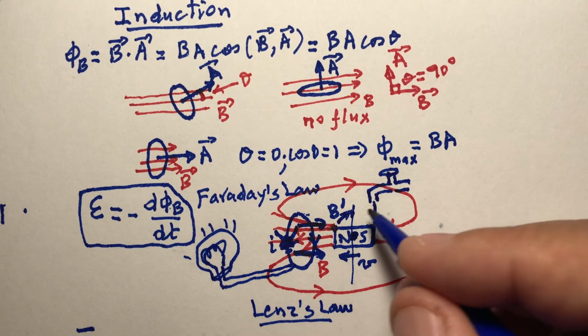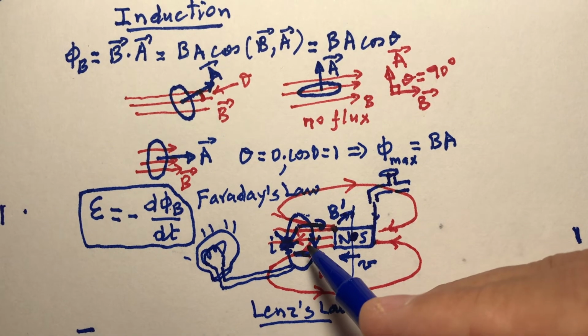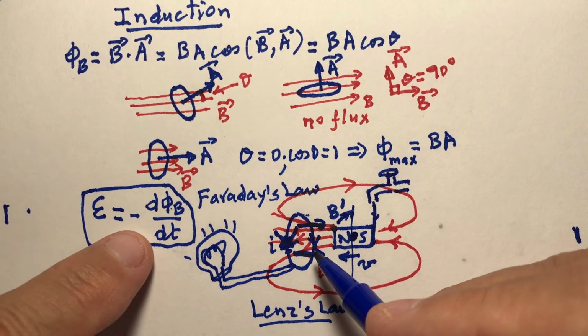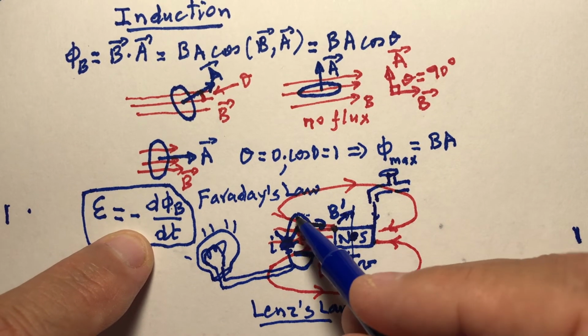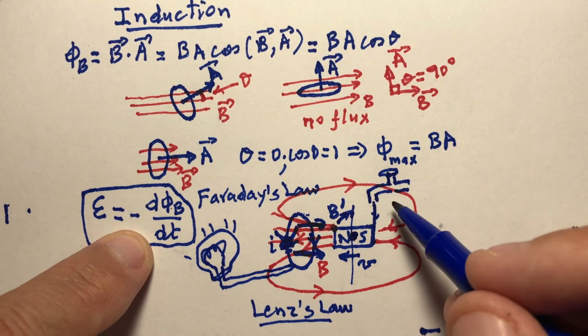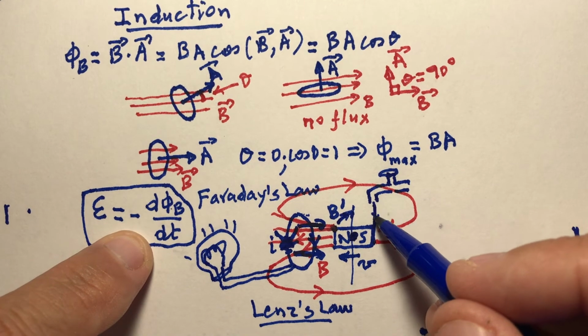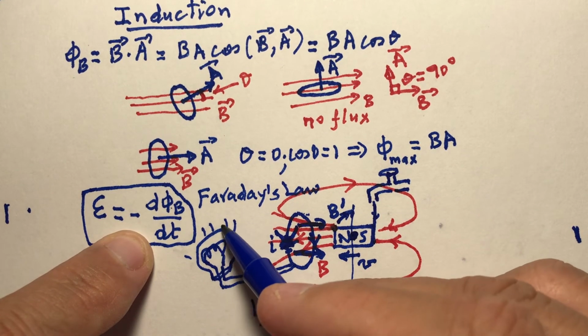If it keeps rotating, you are changing the flux in the loop. So according to Faraday's law, which is here, you're going to generate a voltage, which will generate a current. So this energy that's coming from the water is going to go into electric energy.